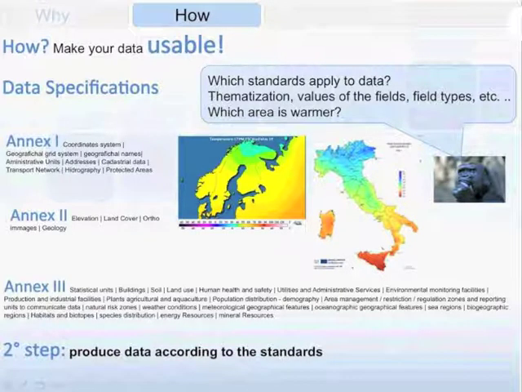These have to be standardized in order to be usable by everyone. So these data specifications deal with the thematization, values of the field types, etc. So this second step for an interoperable system is the production of data according to these standards.